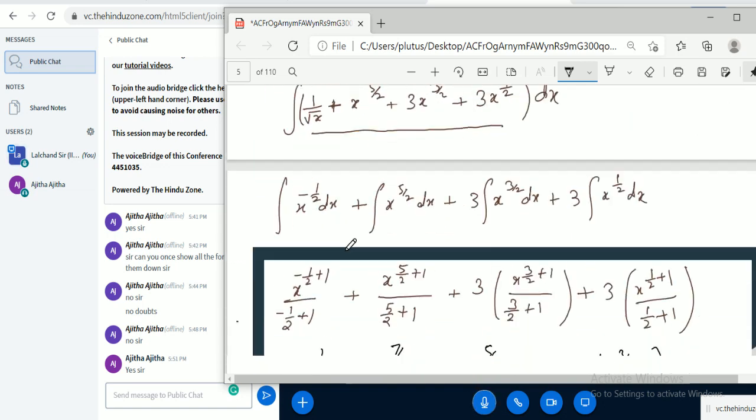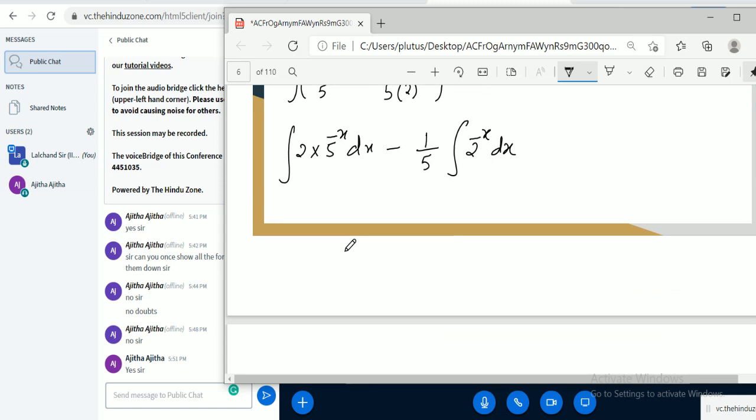Okay, so we can write 2 outside the integral, and the integral of this will be 5 to the power minus x divided by log of 5, with a minus sign.